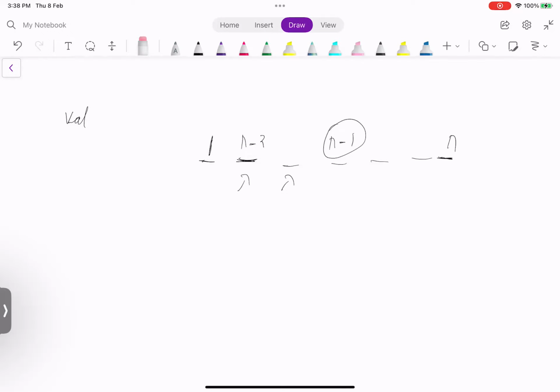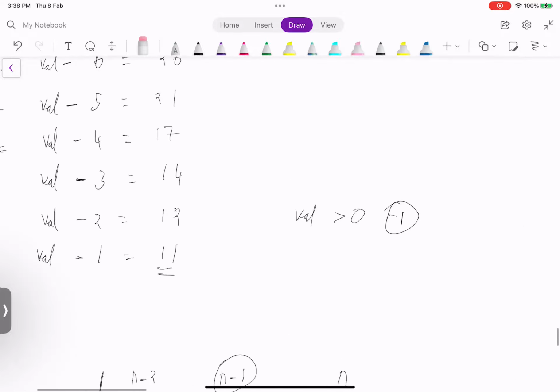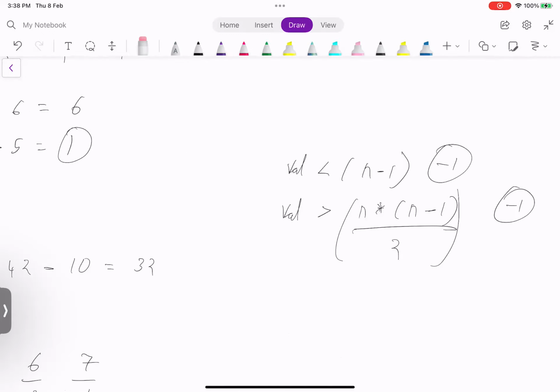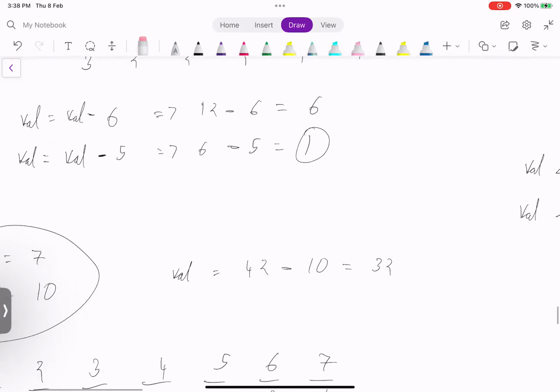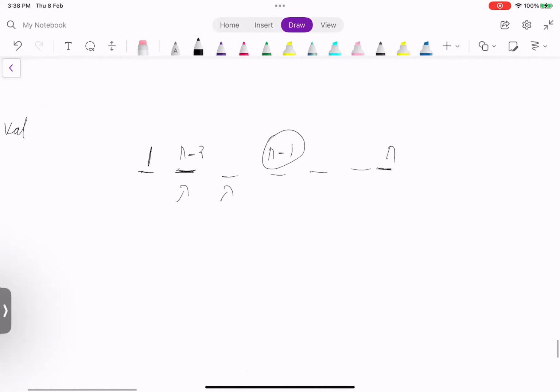And for sure, a case where at a point you need some number of subtractions which are less than or equal to the current number will always occur. Why? Because we already handled the invalid cases. That is, if value is lesser than n minus 1, it's impossible, and if value is greater than n into n minus 1 by 2, it is impossible. Right?